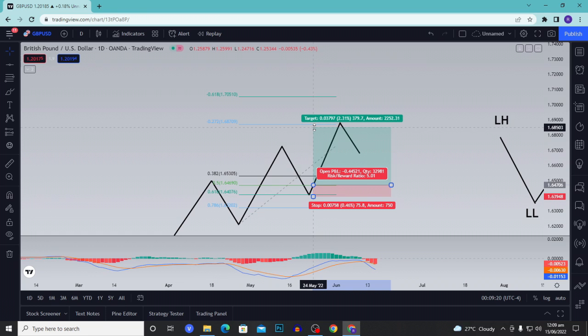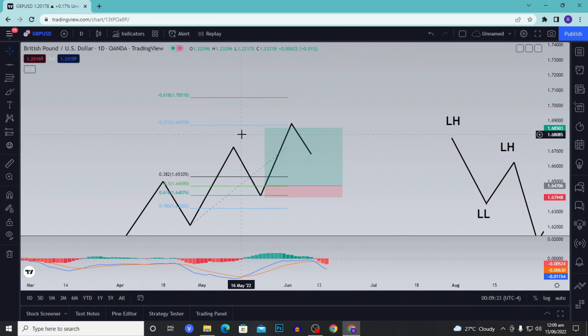For example, the round number below this point right now is the 50. That's the very first round number below it, so that will be our take profit.